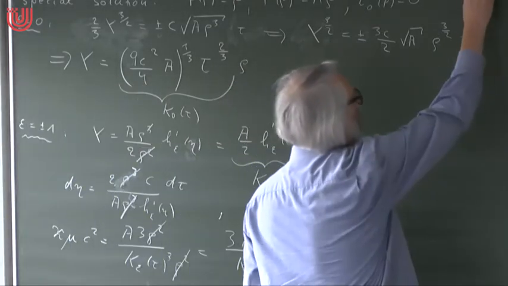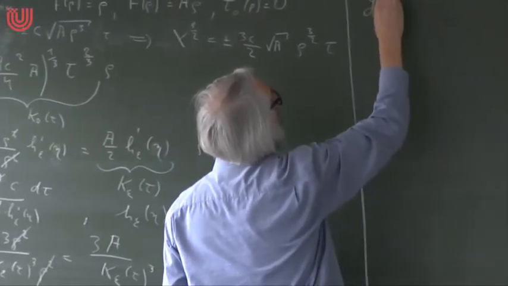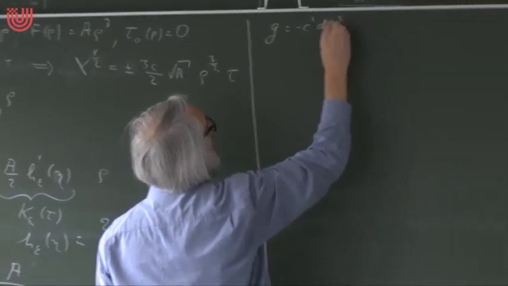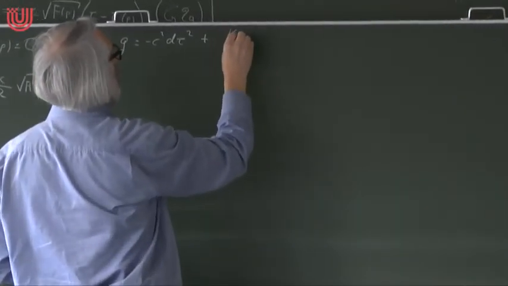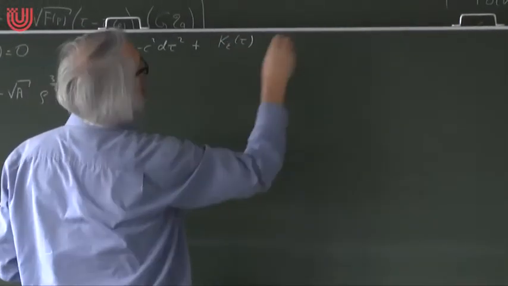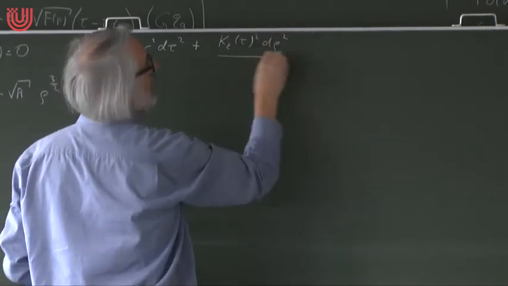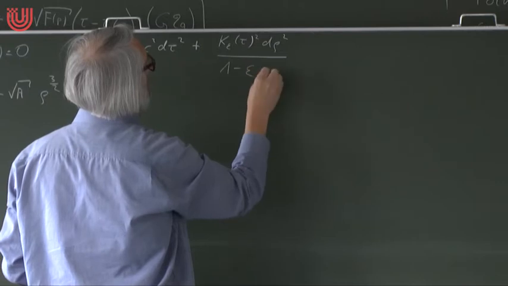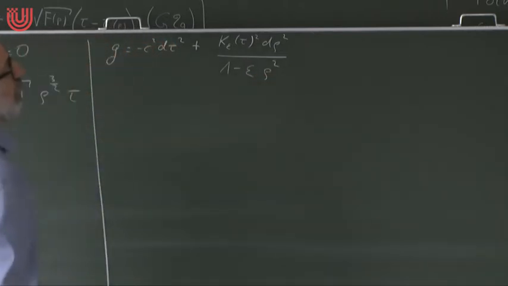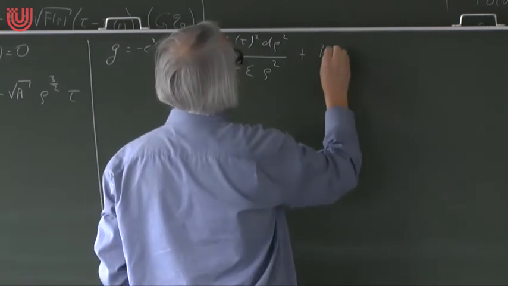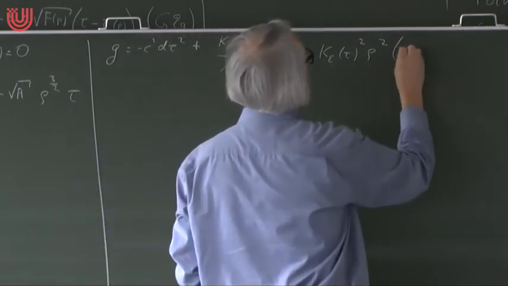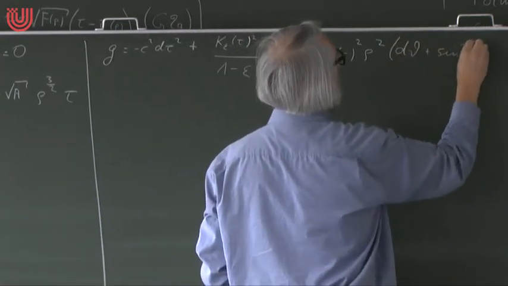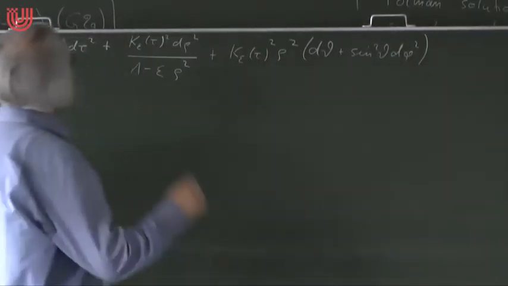So our metric can now be simplified a little bit. So g was minus c squared d tau squared. Oops. There is a general expression. dy by d rho is k, and it is squared. 1 minus epsilon, and f of rho is rho, so just rho squared, plus y. y is k epsilon of tau times rho, and everything squared. d theta squared plus sine squared theta d phi squared.